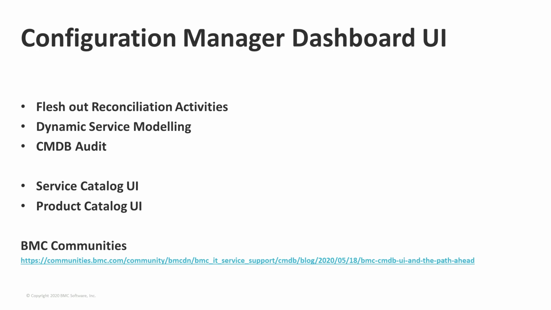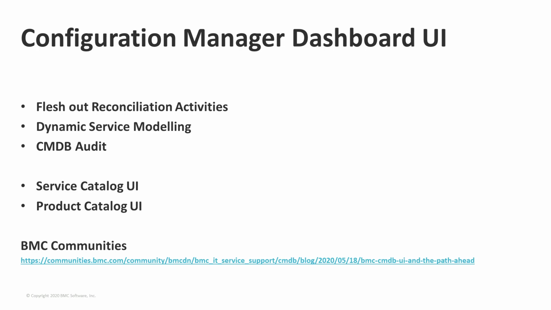You will also see more functionalities in Atrium Integrator. I want to let you know that our service catalog UI is not actually replaced in this whole CMDB UI framework. We are still working on our approach, and you will hear more in the future. Product catalog UI will still be the same, and there is no change in that UI mode.